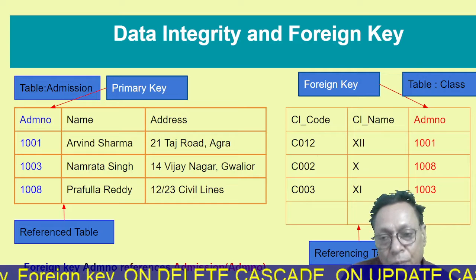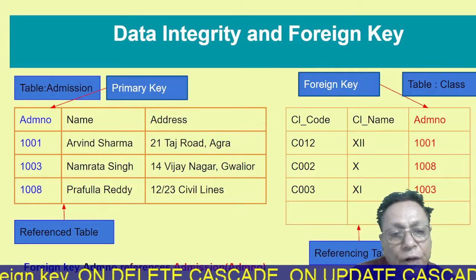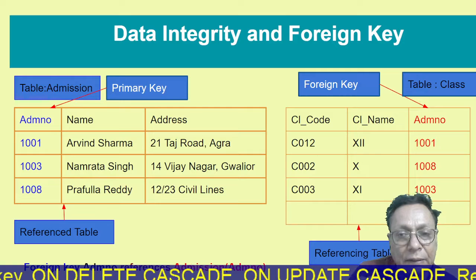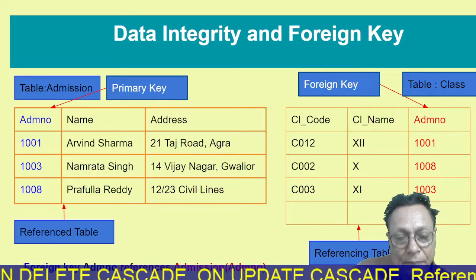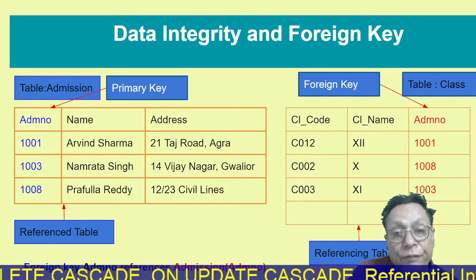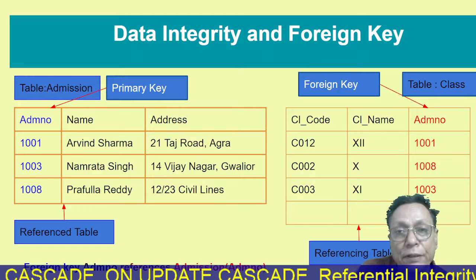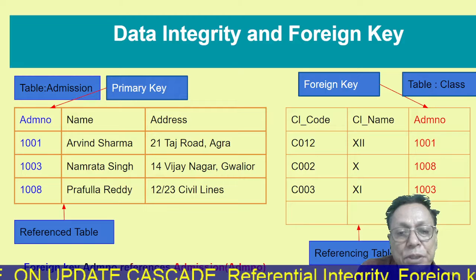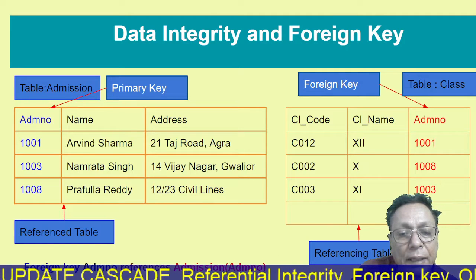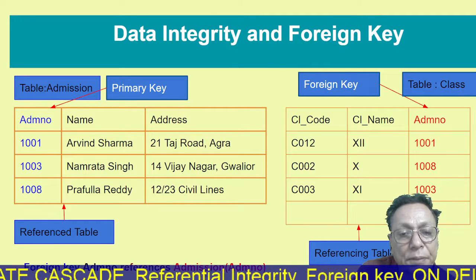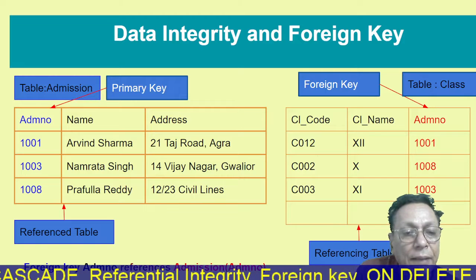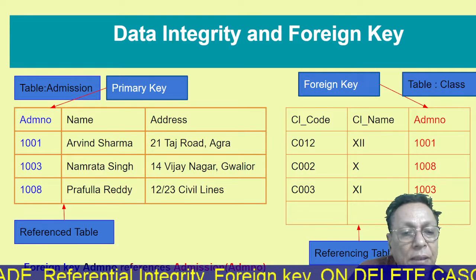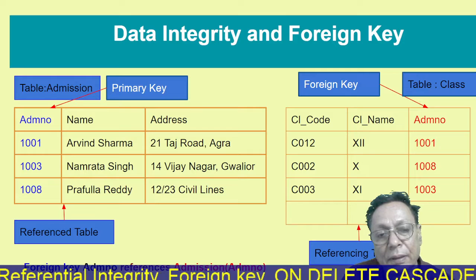So what should be the syntax of the foreign key? The foreign key is the field of the child table which references the primary key of the parent table. So here admission is the parent table and admission number is the primary key of the admission table, and this admission number is the key of the class table.